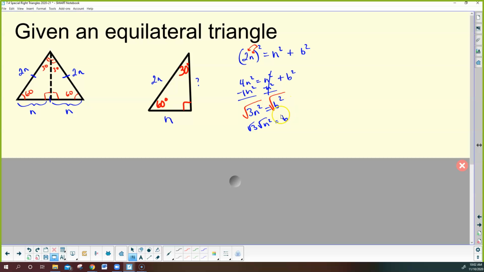The square root and the square on the B go away, so I'm just left with B on the right-hand side. What's left over: the square root and the n squared go away, so I'm left with n, and then we always write the radical at the end. That square root of 3 is just going to be at the end. So the missing side length now is n square root of 3. That is the missing side that we needed.